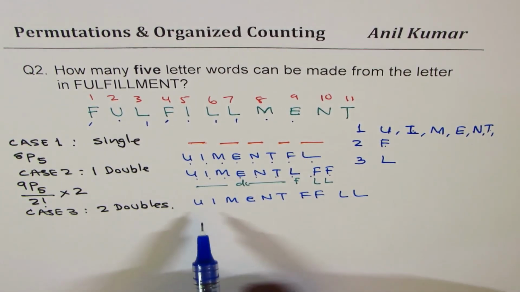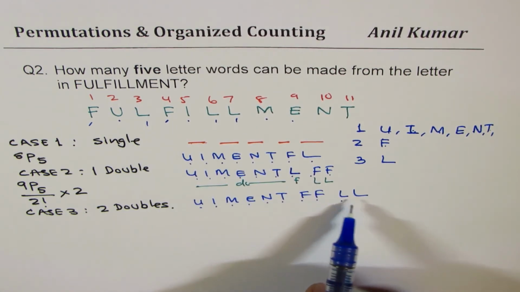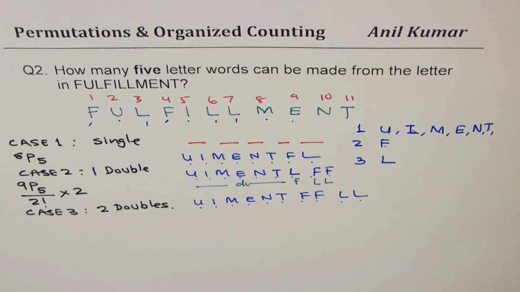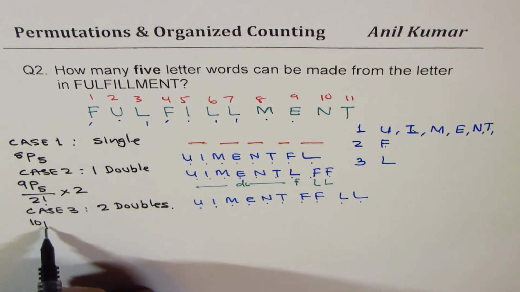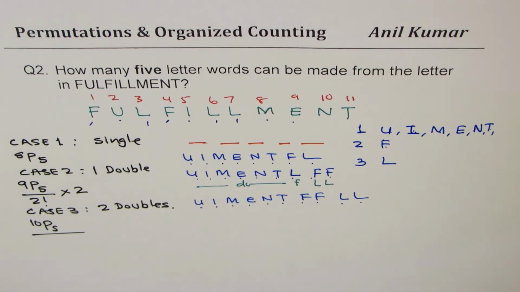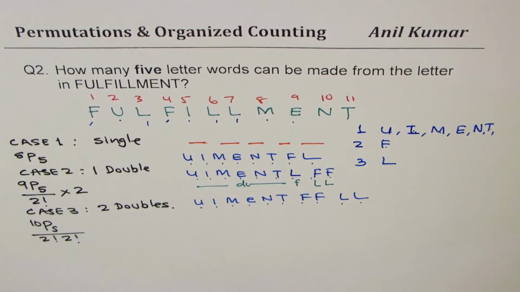So we have 2 doubles. Now 1, 2, 3, 4, 5, 6, 7, 8, 9, 10. So 10 is the total number of letters. Out of 10, we have to select 5 positions and we have 2 doubles. That means divide by 2 factorial, 2 factorial. Is that clear? So that becomes another case.